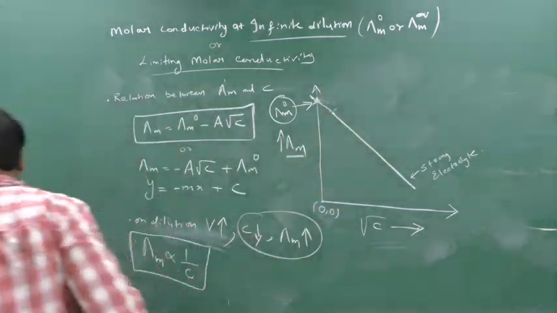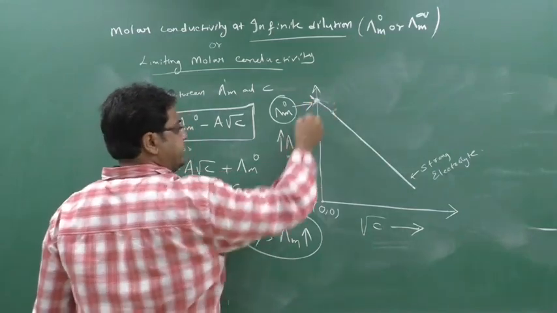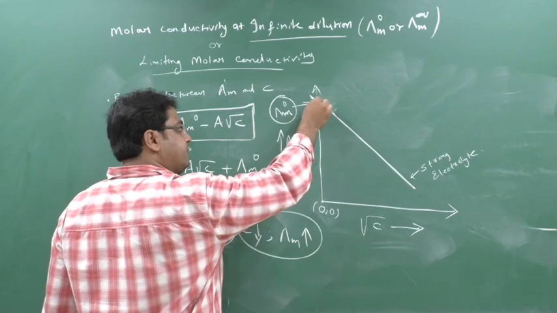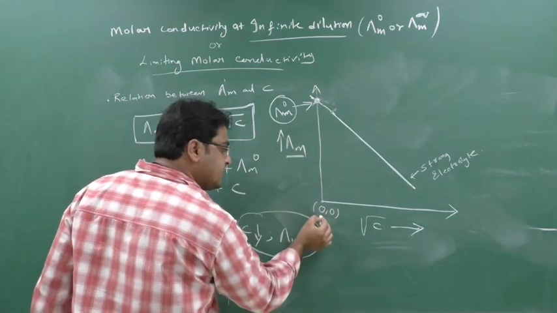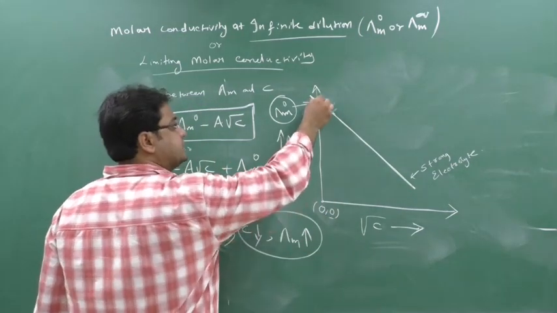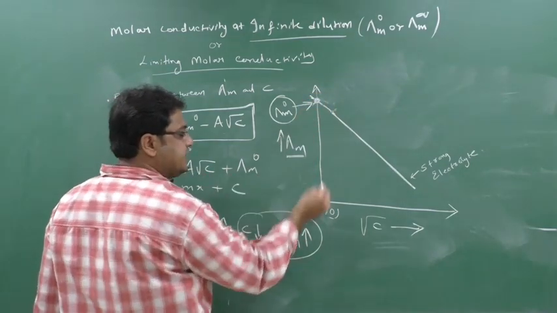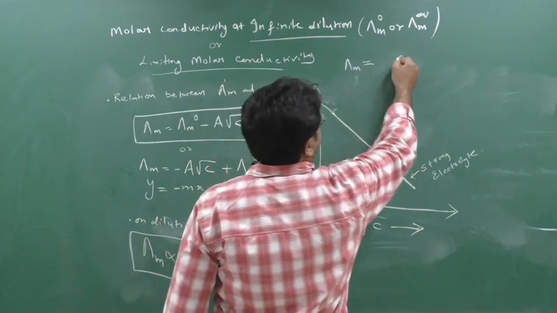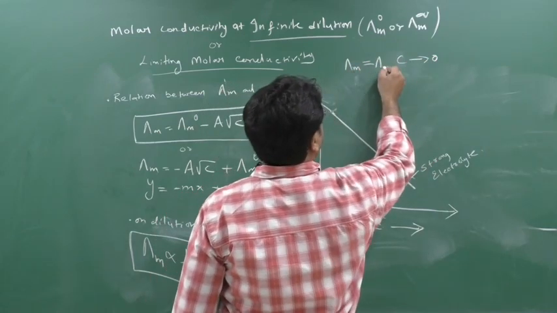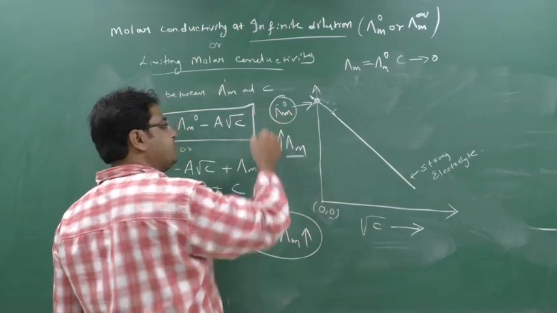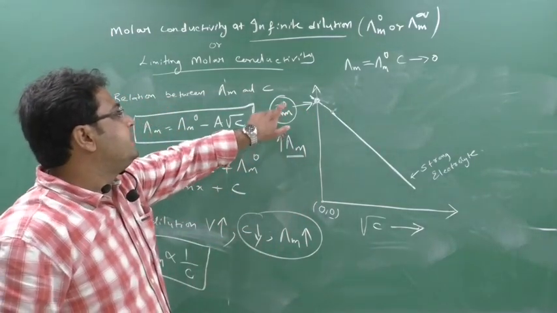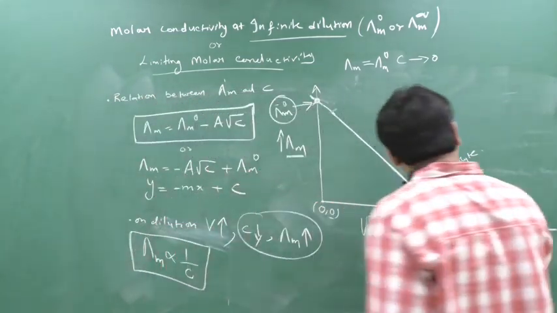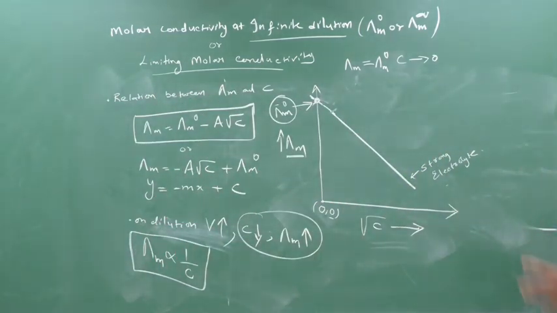This point is giving me the molar conductivity at zero concentration, because this line is for molar conductivity. And you know that molar conductivity at zero concentration is nothing but lambda m naught, the limiting molar conductivity.